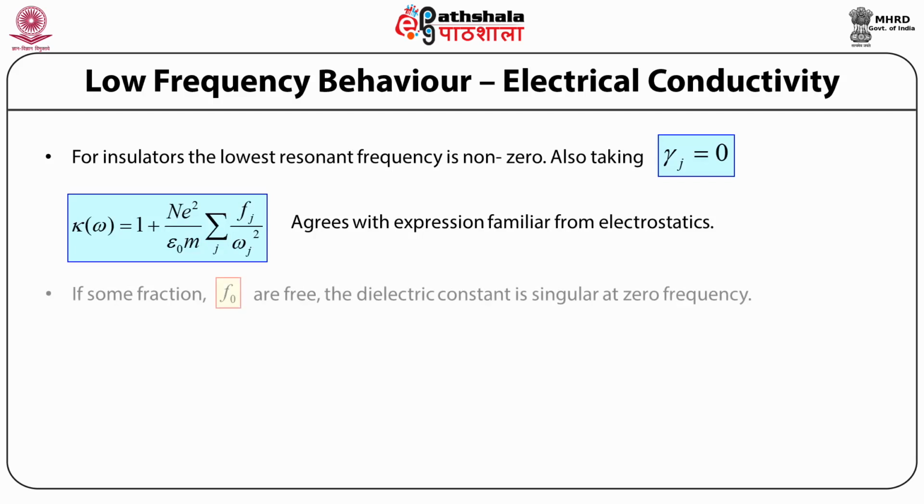On the other hand, if some fraction f naught of the electrons are free in the sense that they have zero resonant frequency, the dielectric constant is singular at omega equals 0.